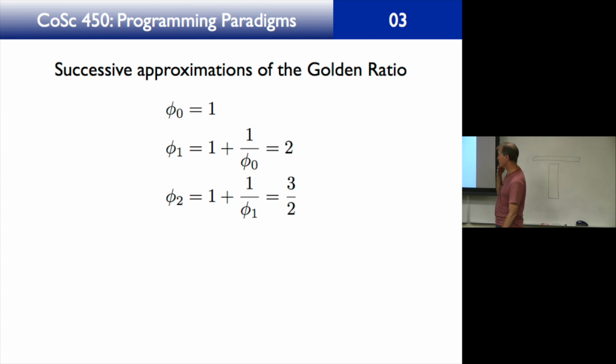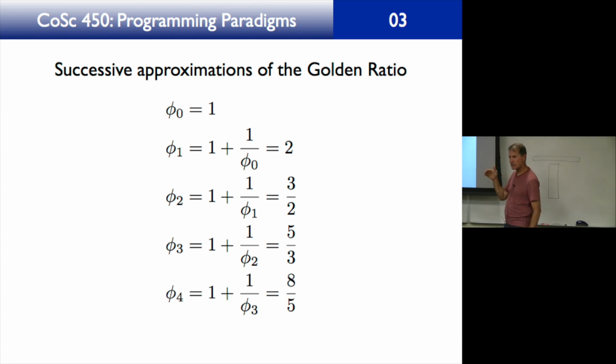What's 1 over 3/2? 2/3, and 1 plus 2/3 is 5/3. And then let's do one more. Phi sub 4 is 8/5. Okay, successively approximating.